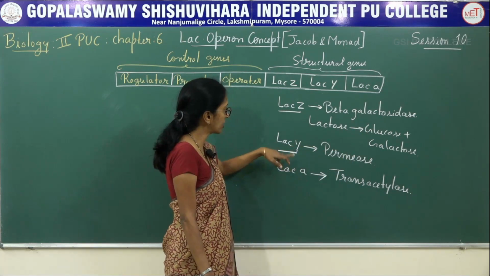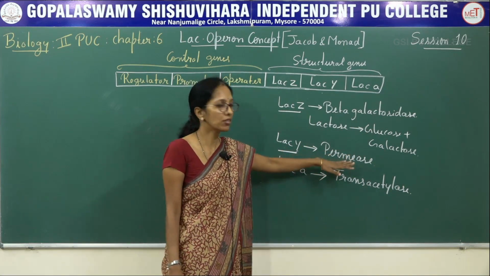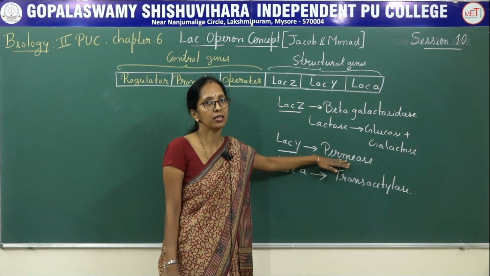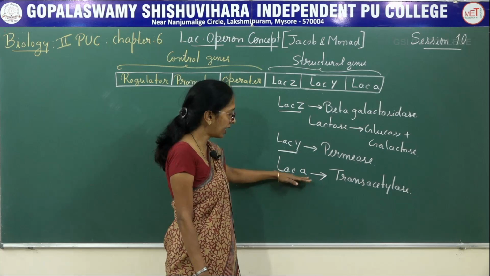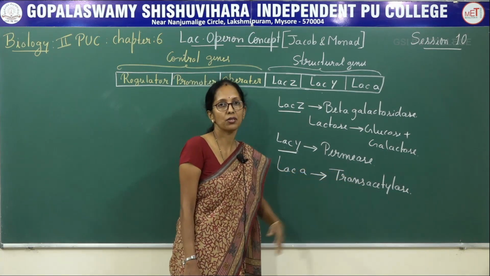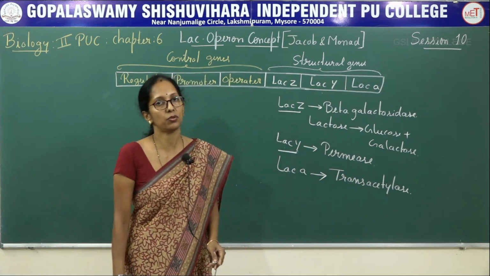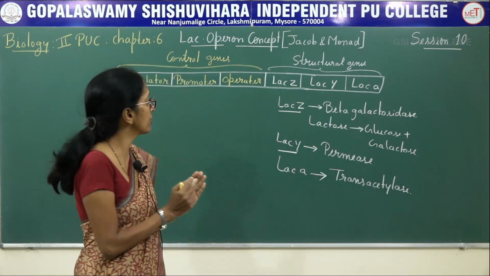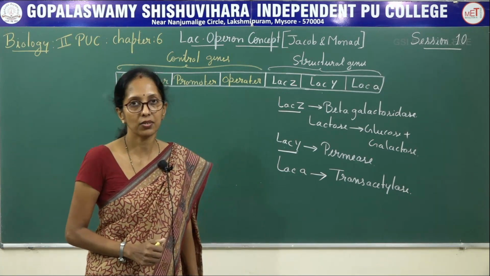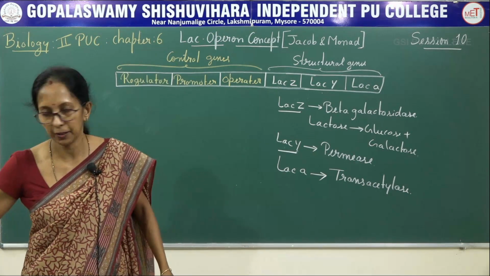The second one is lac Y, helps in the synthesis of permease, so that it helps in uptake of lactose from the media. Lac A helps in the synthesis of trans-acetylase, the function is not known. Now, these three structural genes together help in the synthesis of mRNA.